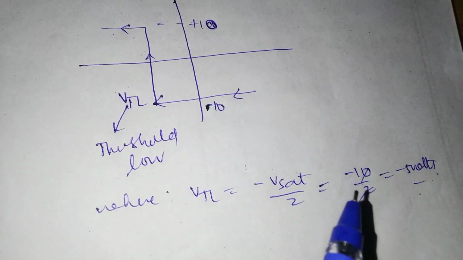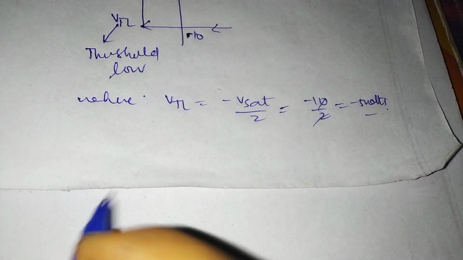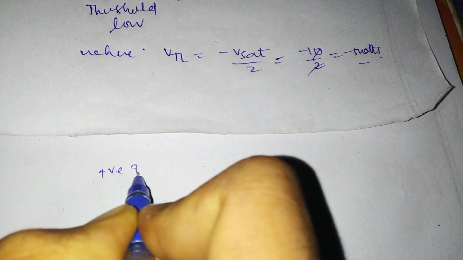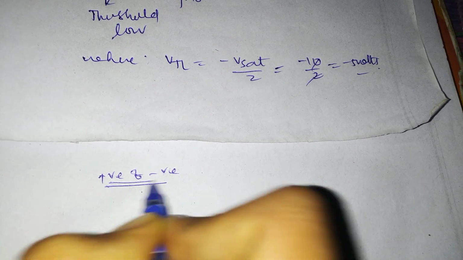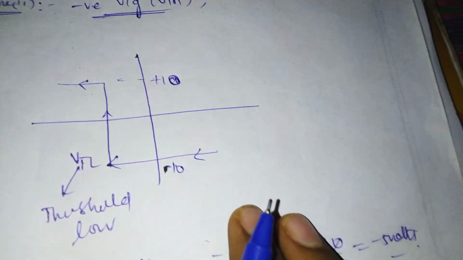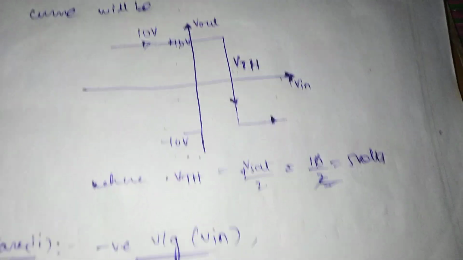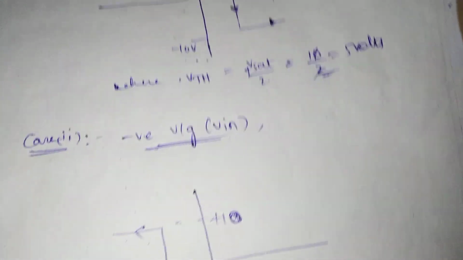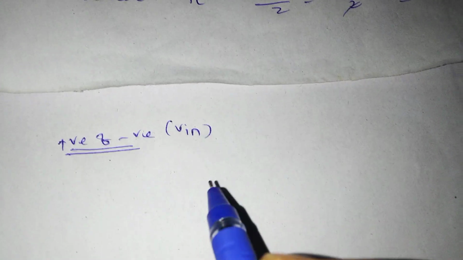By combining both positive and negative input voltage, we combine those two characteristics, and we get the characteristics like this.